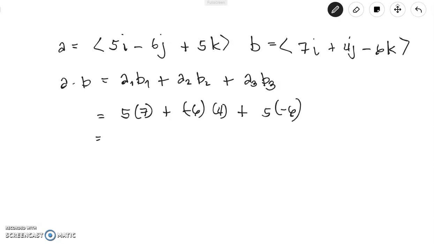So we will have 35, then negative 24, and then minus 30.